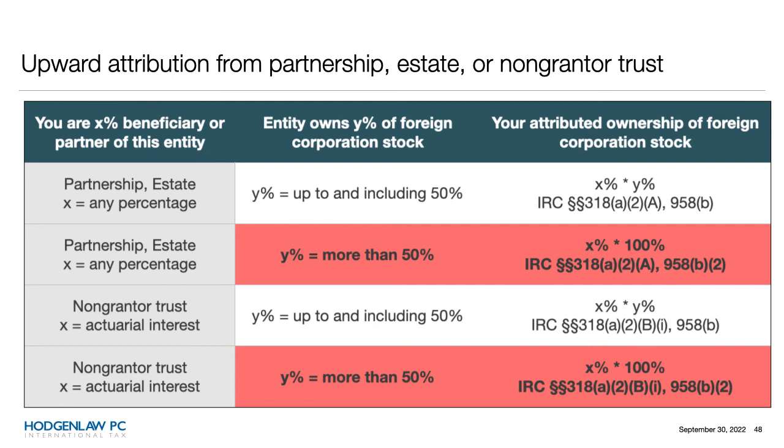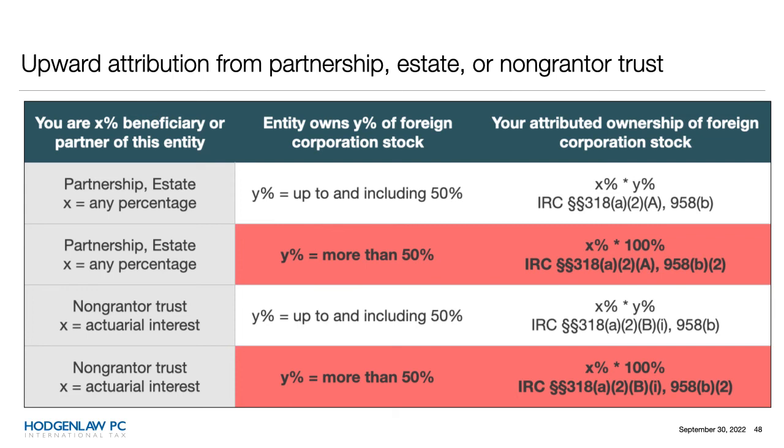And the entity owns Y%, that's the middle column, of foreign corporation stock. And on the right, the math, what are your attributed ownership, indirect ownership, of the foreign corporation stock. And the little equation there shows you how to do it and tells you why to do it.